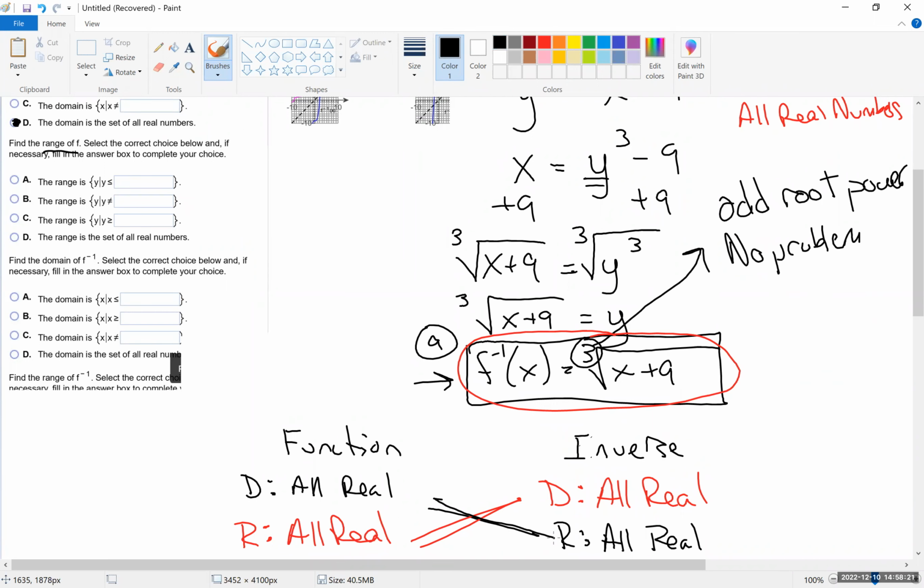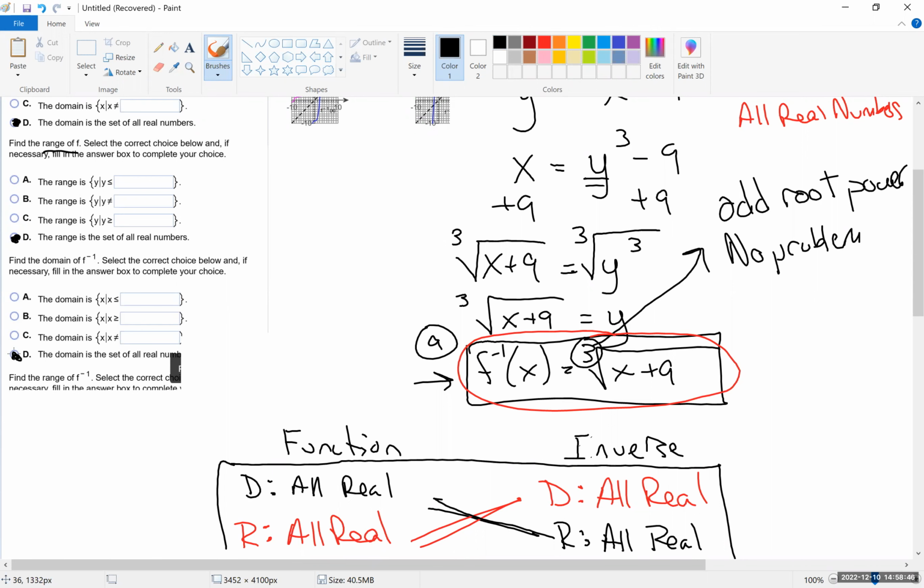It is a horrible concept to listen to someone say, but if you write it down and you think about it, it's way better. So the range of the original function is all real numbers. Now, what's the domain of the inverse? All real numbers. Everything here was all real numbers, so it was a little bit boring.